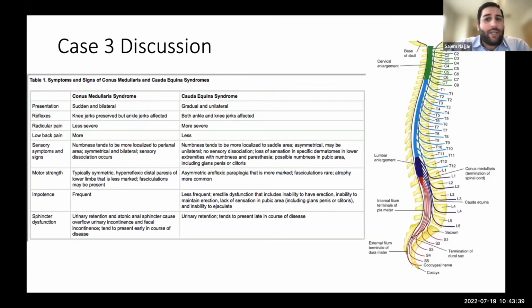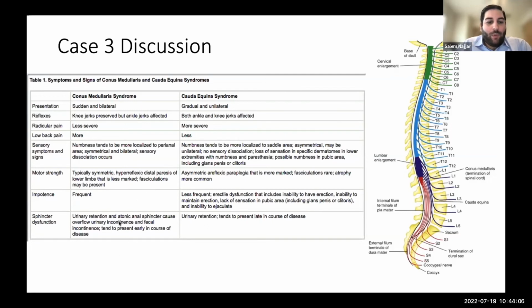Whereas conus medullaris is immediate, it's acute, what happened, you have to go to the hospital, it's bad. And not that the cauda equina syndrome is not bad, but I'm saying in terms of acuity, conus medullaris is much more acute. And you can see there's also some characteristic findings that are different between each, right? Bilateral versus unilateral. You can have perianal numbness versus saddle area numbness.